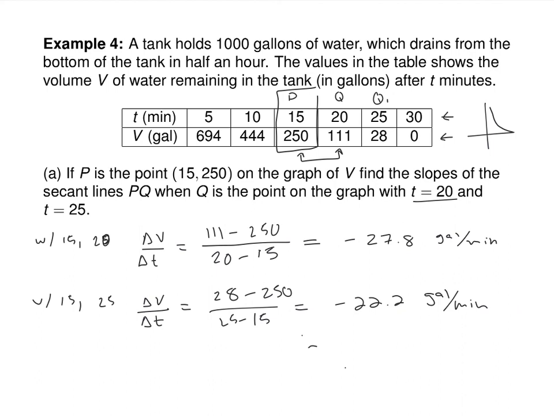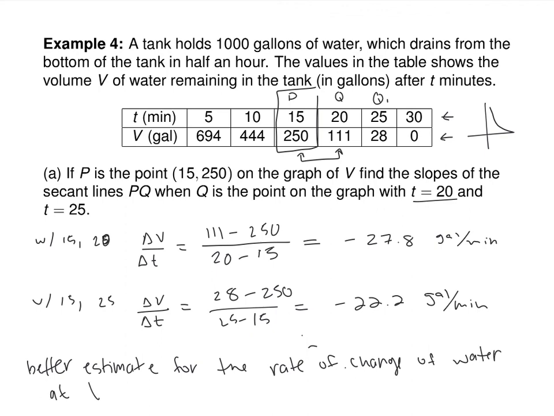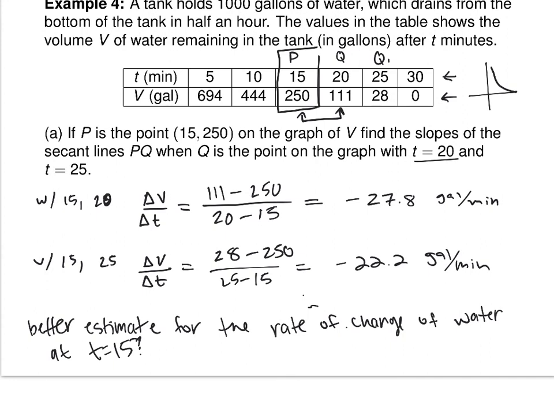Okay, so which of these is a better estimate for, let's say, the rate of change of the water at T equals 15? So which one of those two estimates is a better estimate of how fast the water is leaving the tank at 15 minutes?